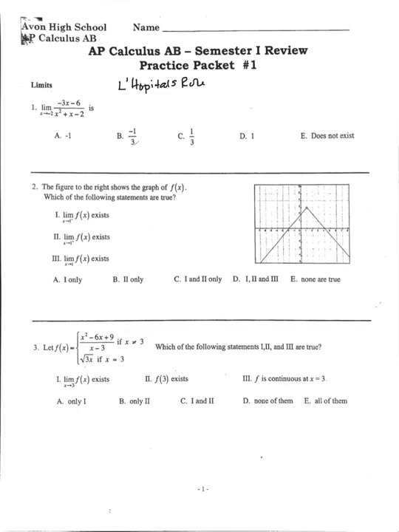If I call the numerator f of x, then f prime of x is -3. If I call the denominator g of x, then g prime of x is 2x plus 1.